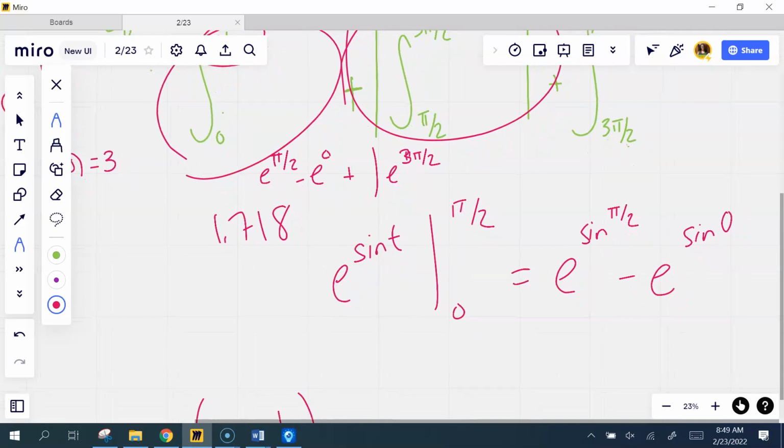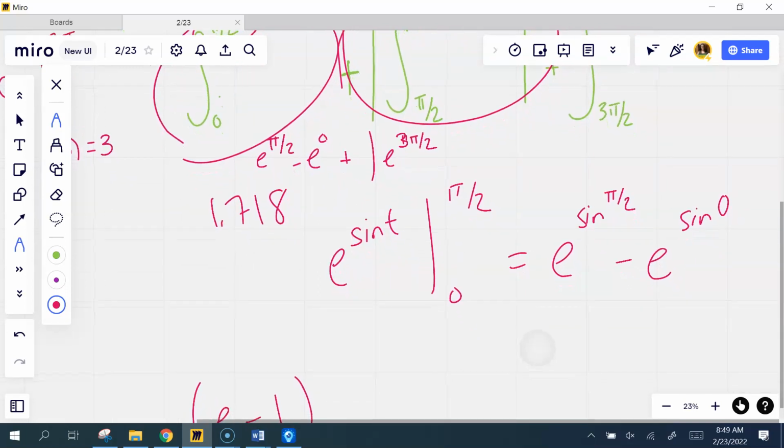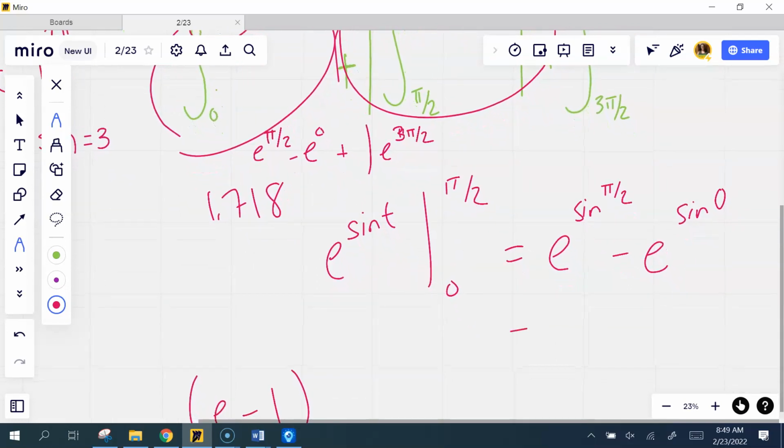The sine of pi over 2 is what? 1. So that's e to the first minus what's the sine of 0? 0. So e to the 0. So it's e minus 1. That's why they're subtracting, because they're doing the fundamental theorem. They're doing upper bound minus lower bound.